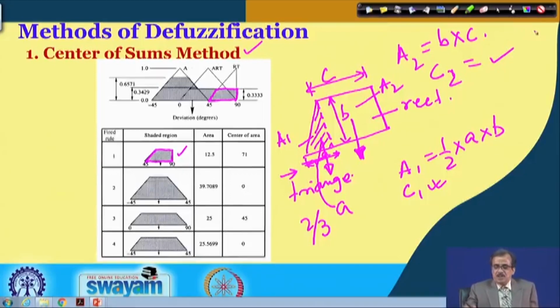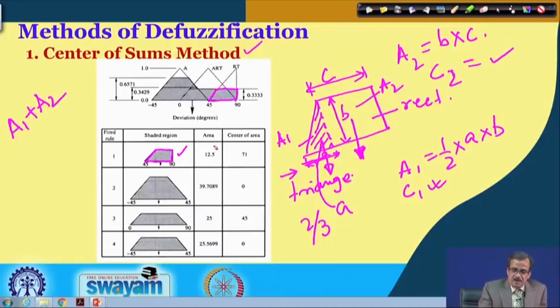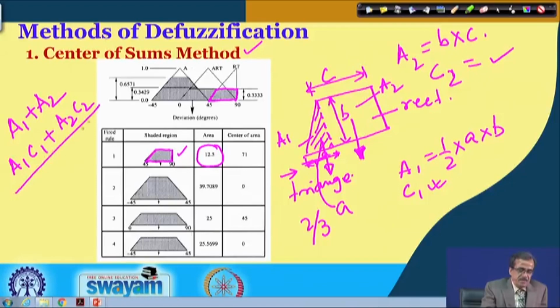Once you have got this, you just add to get the total area. The total area is nothing but A1 plus A2, and if you calculate, this will become 12.5. And the center of area: how to find it out? It is very simple, that is nothing but A1 C1 plus A2 C2 divided by A1 plus A2.